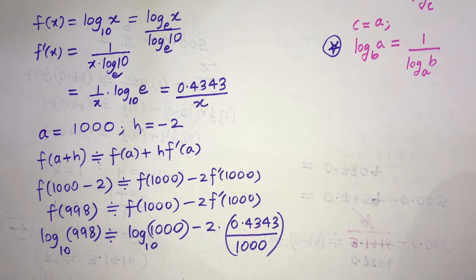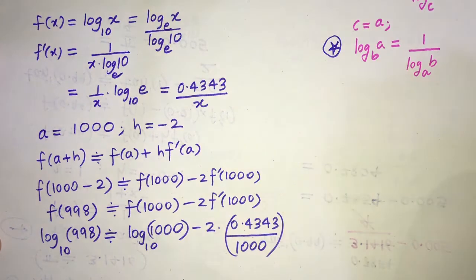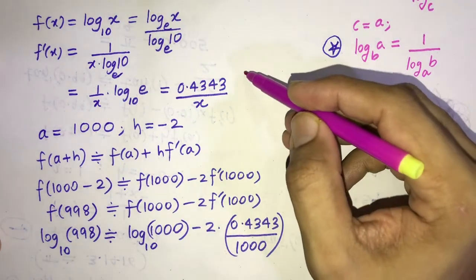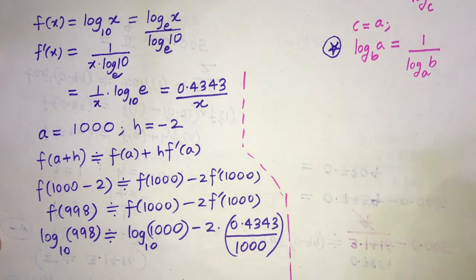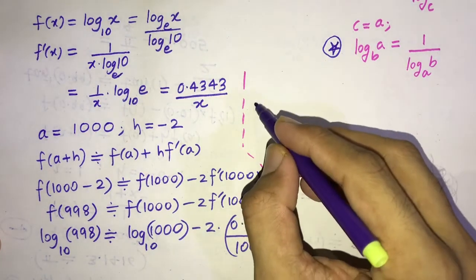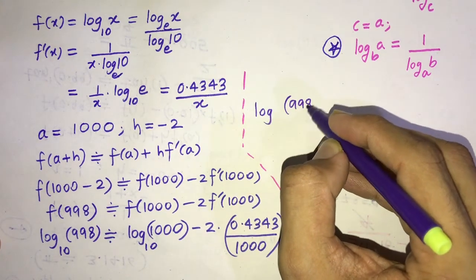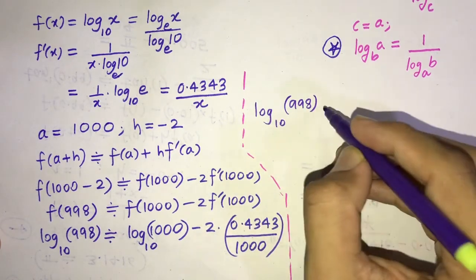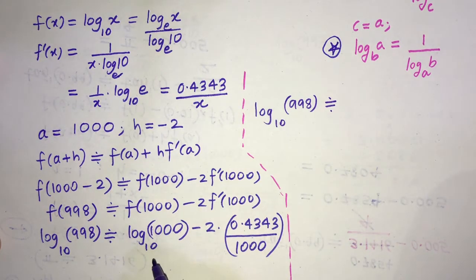So by this, then I come to the conclusion that log of 998 to the base 10 is approximately equal to, यहाँ पे 1000 to the base 10 है.